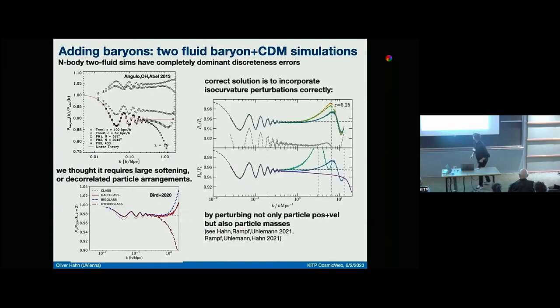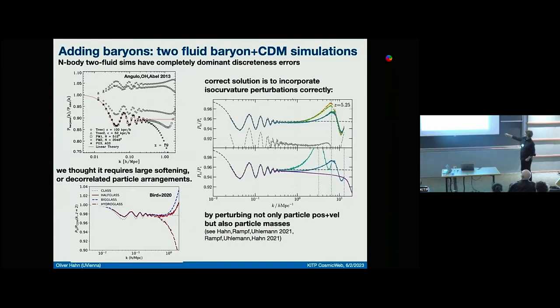And so looking at this with a bit of distance actually helped. What's actually causing the difference in amplitude between dark matter and baryon perturbations is not that the particles are differently displaced, but that it's really isocurvature perturbations. So the particles should start with perturbed masses that are reflective of these isocurvature perturbations. And when you do this, then you get this full thing correct.